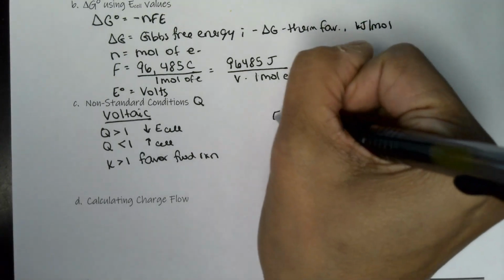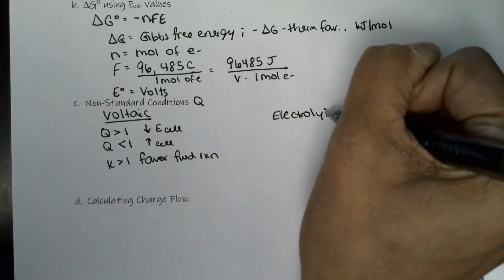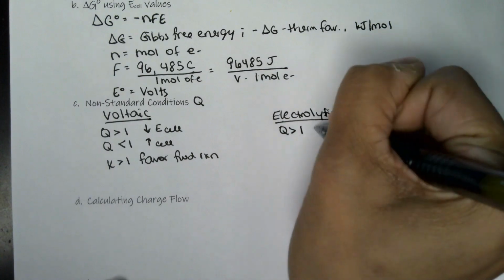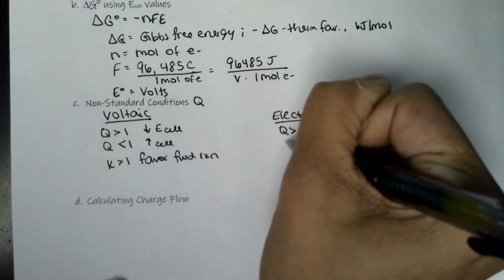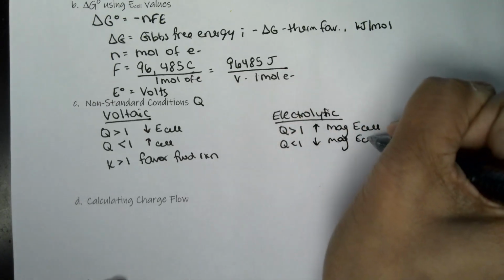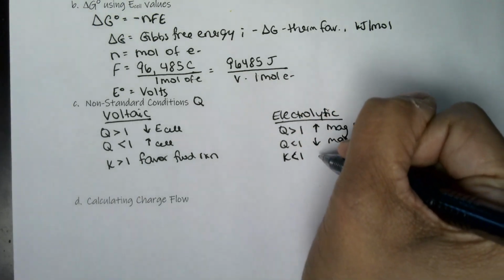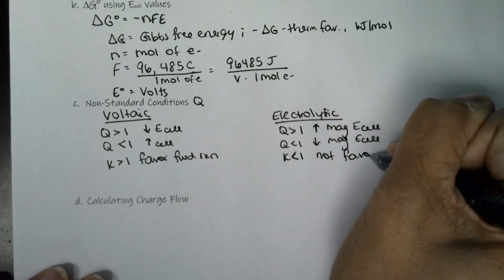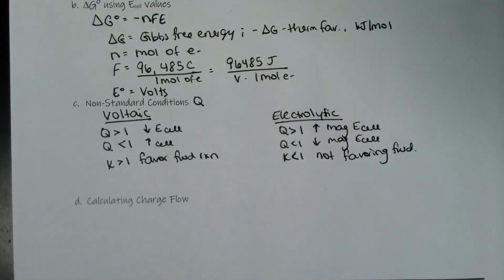Electrolytic, on the other hand. Remember, electrolytic requires a battery, whereas voltaic is a battery. If Q is greater than 1, that means that we increase the magnitude of the E cell. If Q is less than 1, we decrease it. And if K is less than 1, it's not favoring the forward reaction.